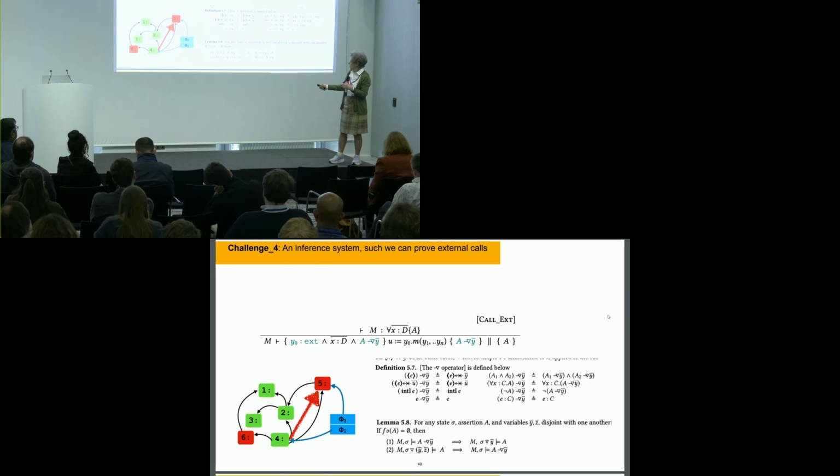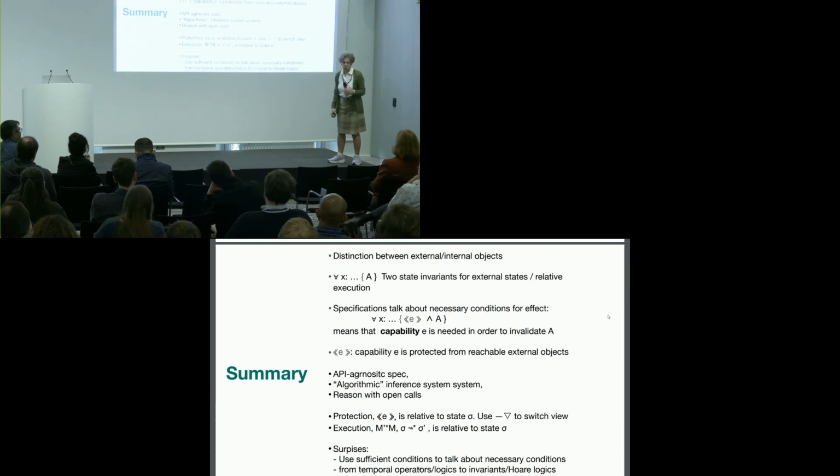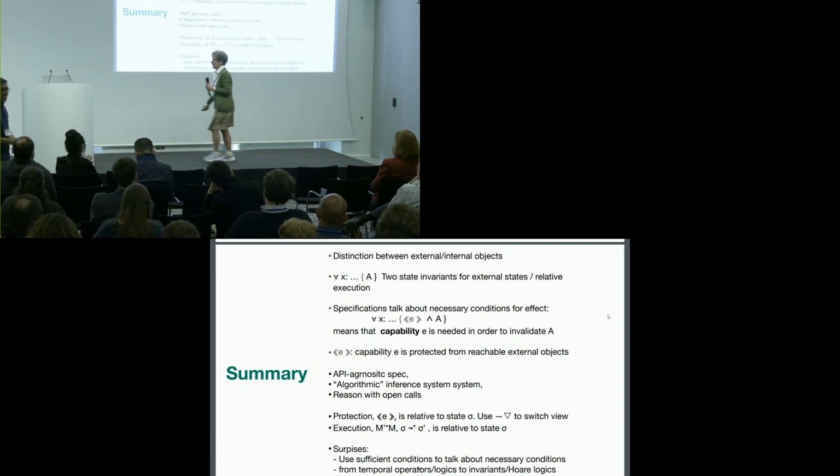So here is the corresponding lemma that says if A with this viewpoint adaptation from the Y's holds, then if I have pushed the Y's onto the top frame of the state, then A is going to hold. And this is the magic. So protection is relative, and we have got this operator, and I'm not going to go through that because I have overrun. Thank you very much.